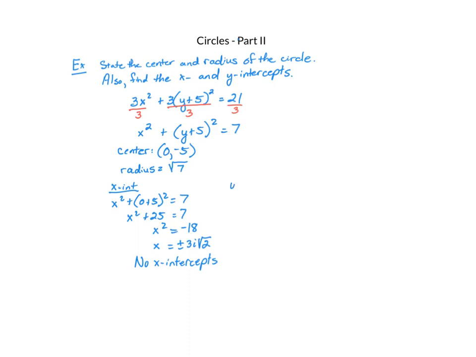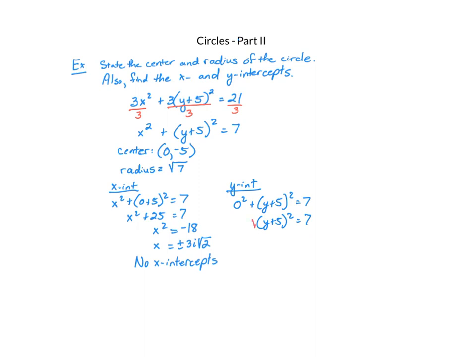Now let's look for the y-intercepts. We let x equal 0, so I have 0 squared plus (y plus 5) squared equals 7. So that's equivalent to (y plus 5) squared equals 7.